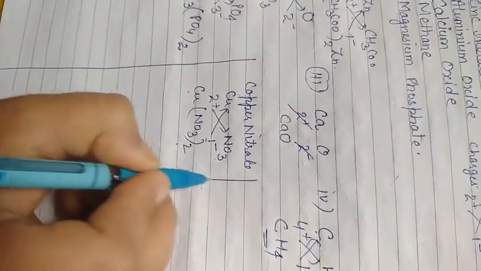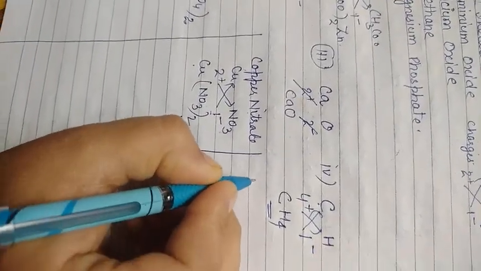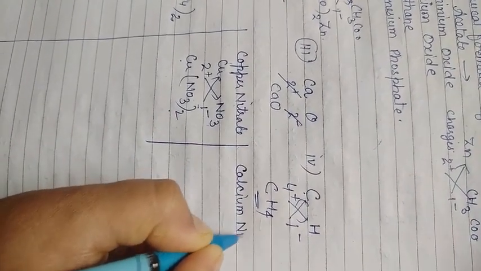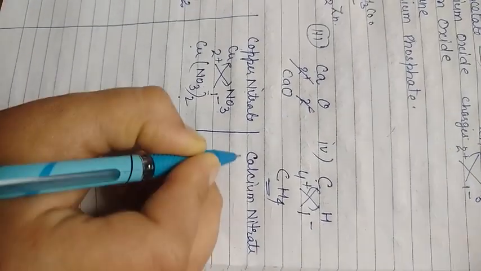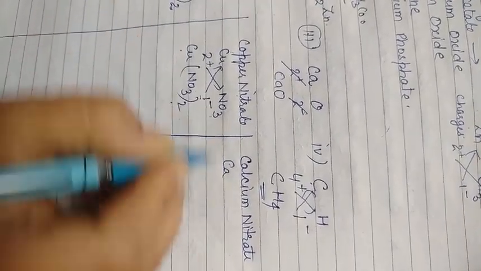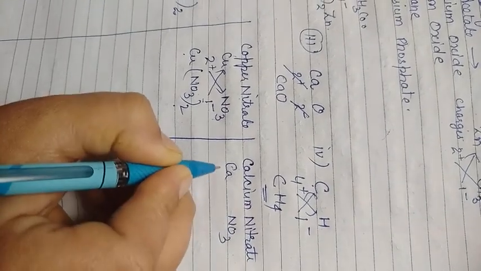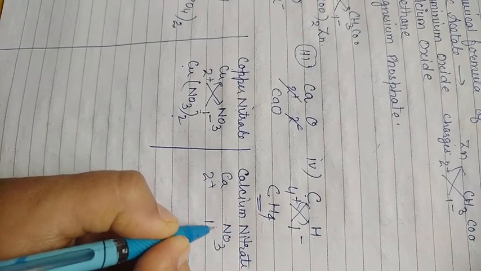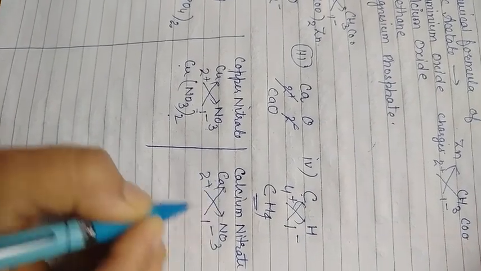Now we have to write the formula of calcium nitrate. Again we write the symbol calcium Ca, nitrate NO3, charge on calcium 2 plus, and on NO3 it is 1 negative.